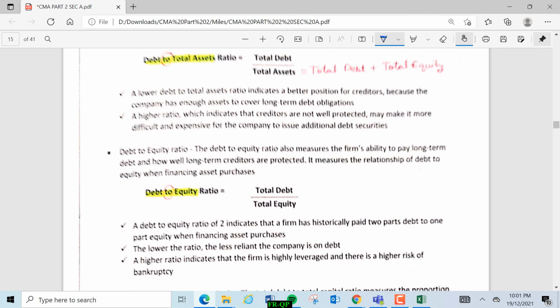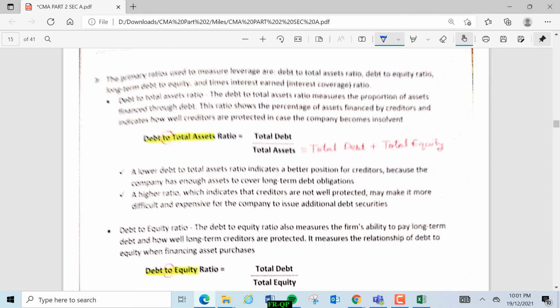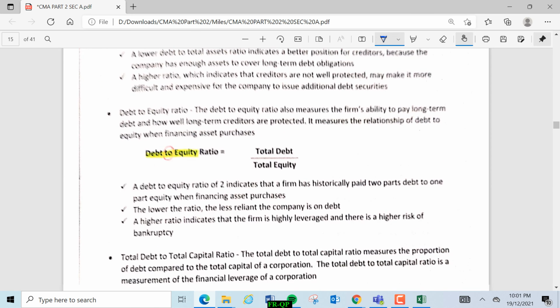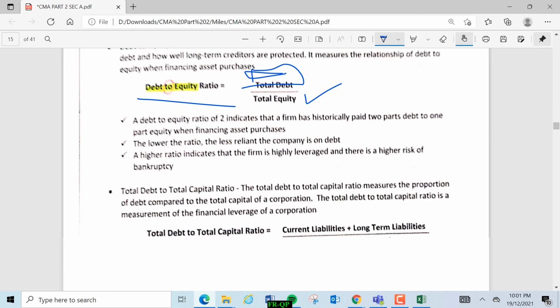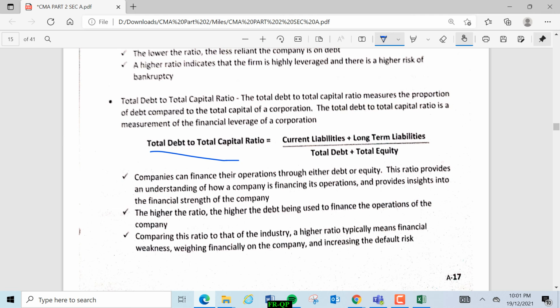Okay, now the question comes: debt to total asset ratio, total debt divided by total asset. This is the formula you need to remember. There is also debt to equity, that is total debt divided by total equity. When you say total debt, it includes all the debt, long term, short term, all the debts. Okay, debt to capital ratio: current liability plus long term liability divided by total debt plus total equity.